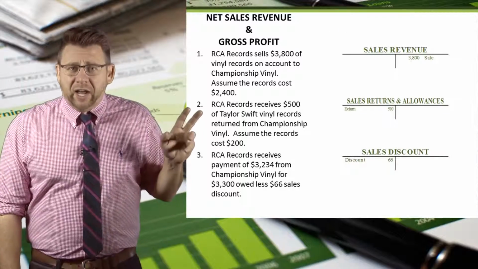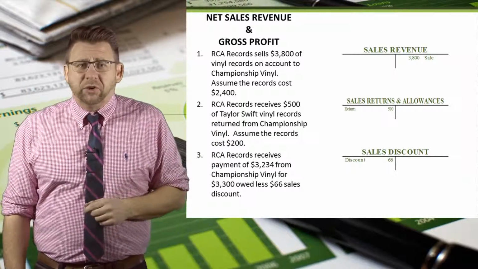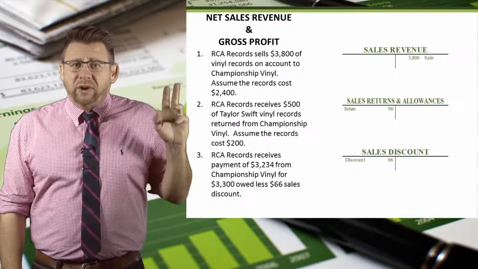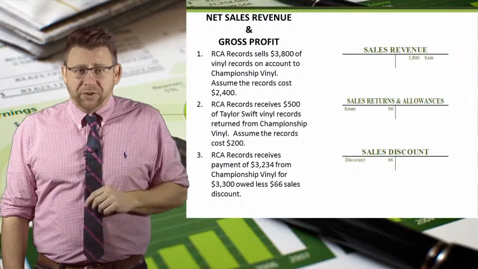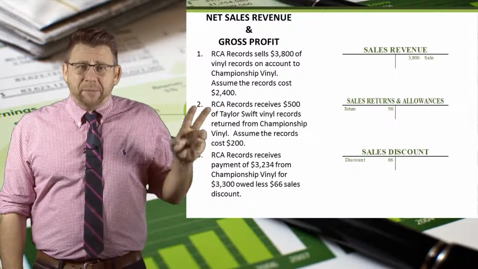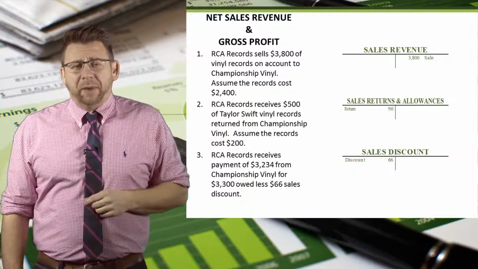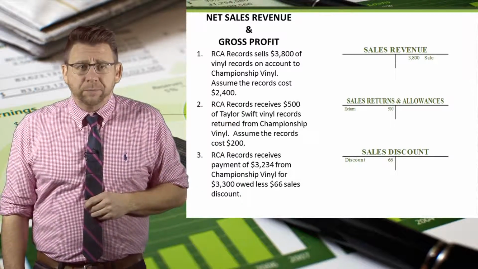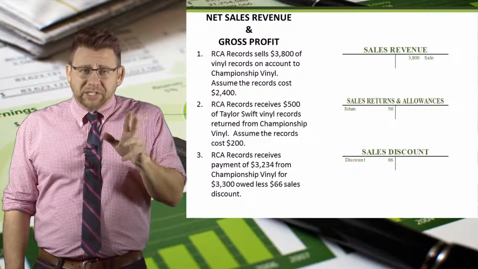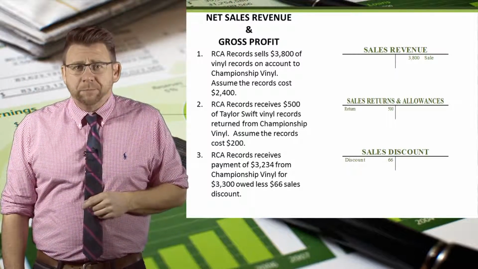So the T account looks like this for the revenue and contra revenue accounts. Sales revenue had a credit balance of $3,800. Sales returns and allowances has a debit balance of $500, and sales discount has a debit balance of $66. If you're wondering where those numbers came from, I encourage you to watch the video entitled Perpetual Seller.